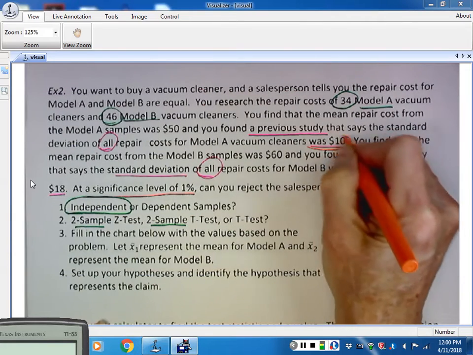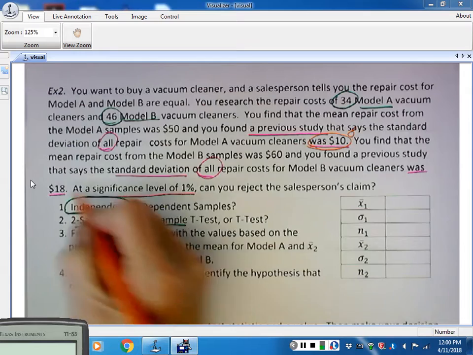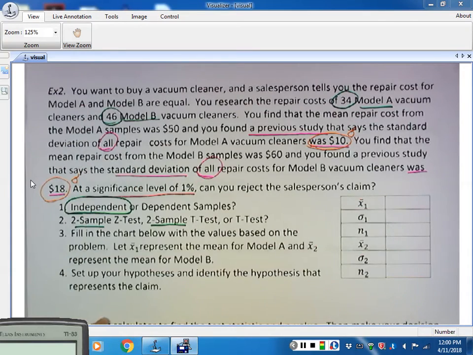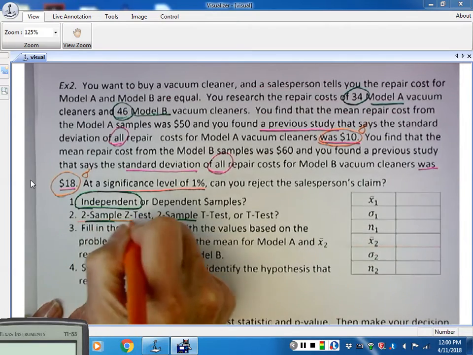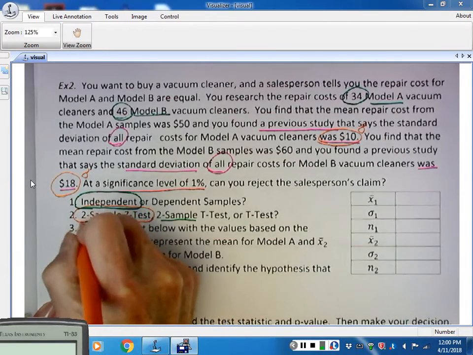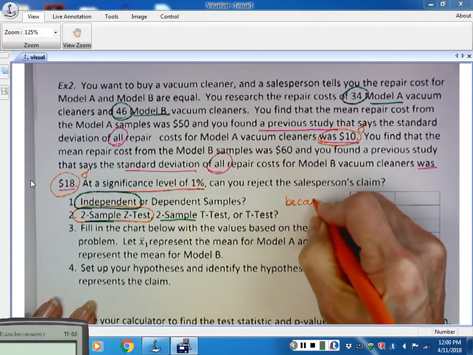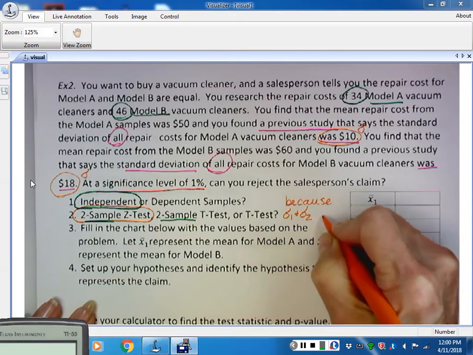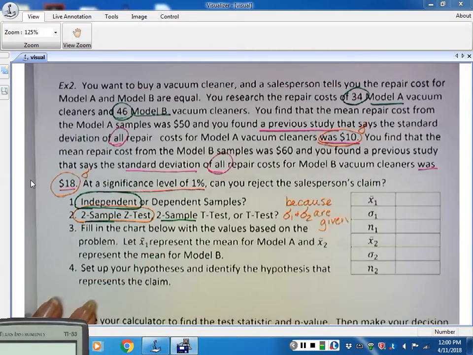This is sigma for Model A, and this is sigma for Model B. So yes, we have the population standard deviation. Therefore, we will do a 2-sample Z test, and that's because sigma 1 and sigma 2 are both given to us.